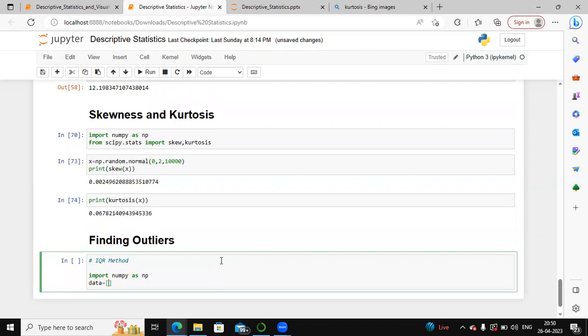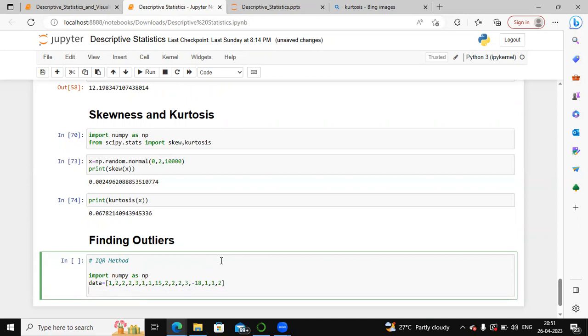Let me take some data points: 2, 2, 3, 1, 2, 2, 2, 3, minus 18, comma 1, comma 1, comma 2. So we have taken some data points.